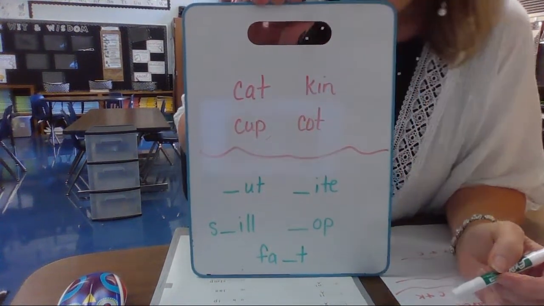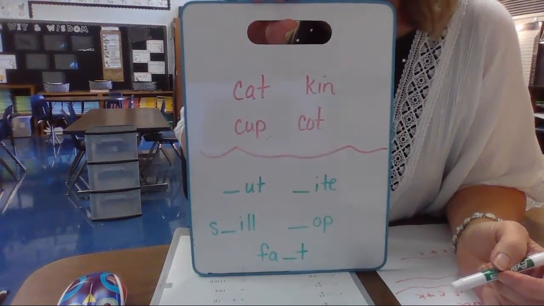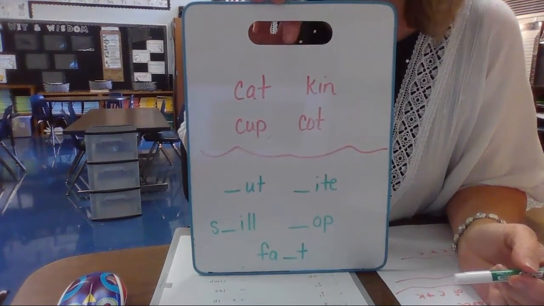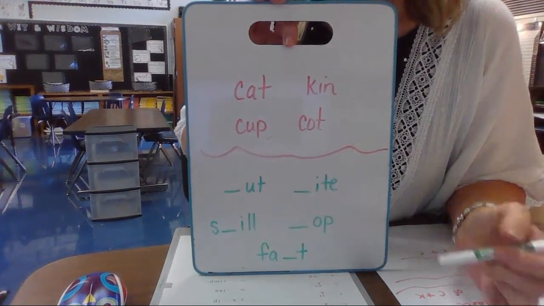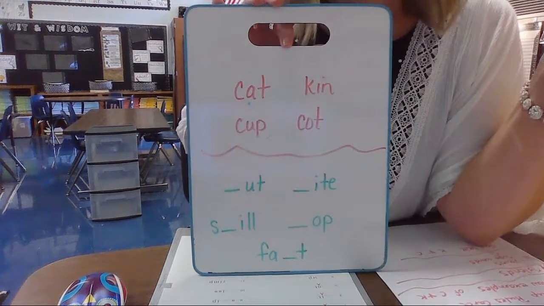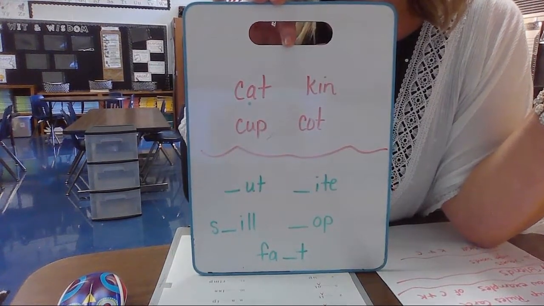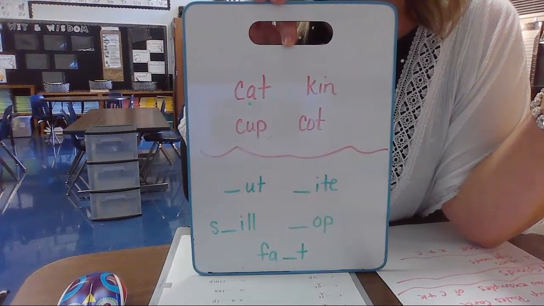So let's think about, why is there a C for cat? It's because the C came before what letter? An A. And that was part of our rule. Okay? So there's an A there. C is put there. What about kin? Why did we put a K there?